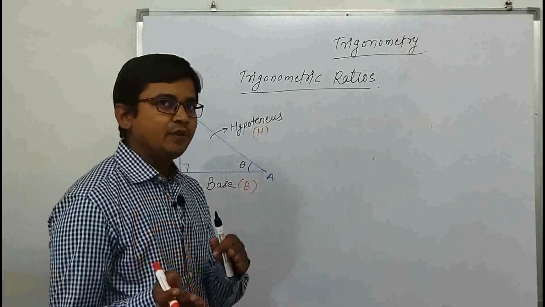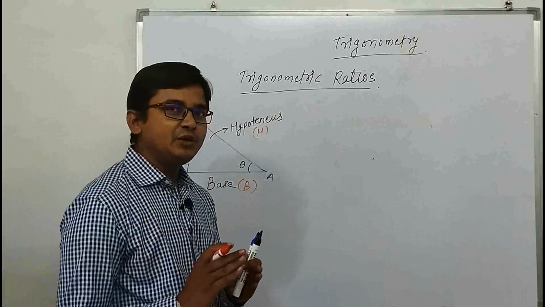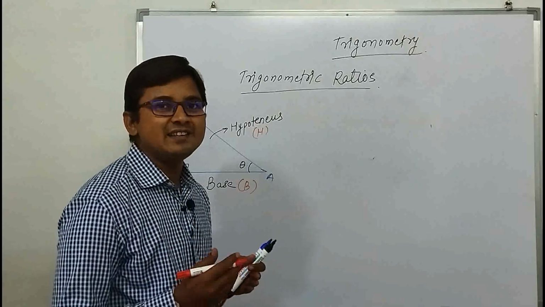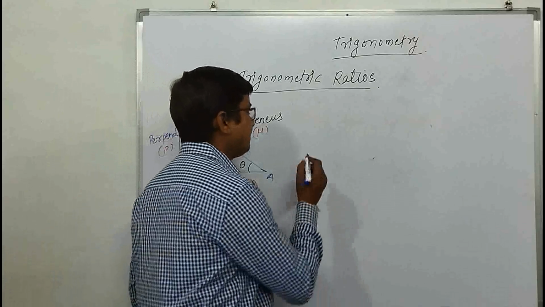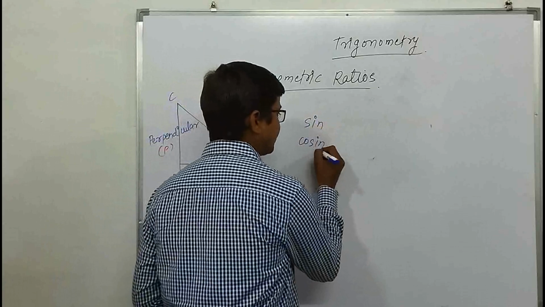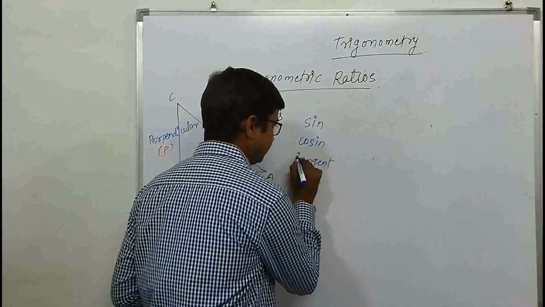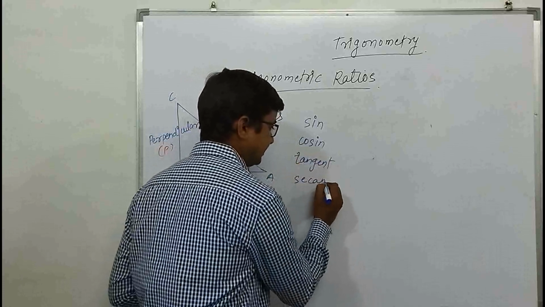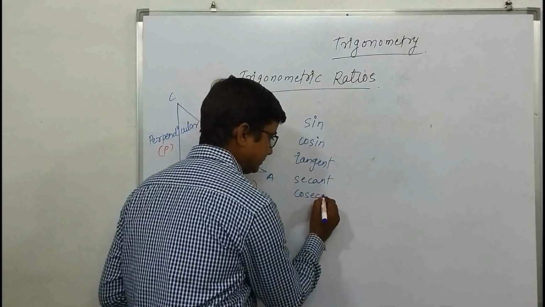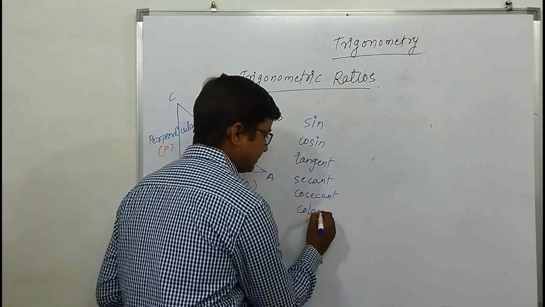And there are 6 trigonometric ratios which are intensively used in the application part of trigonometry, that is height and distance, and these are sine, cosine, tangent, secant, cosecant, and cotangent.